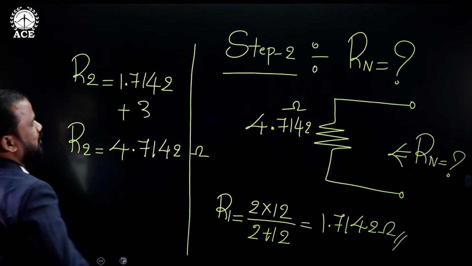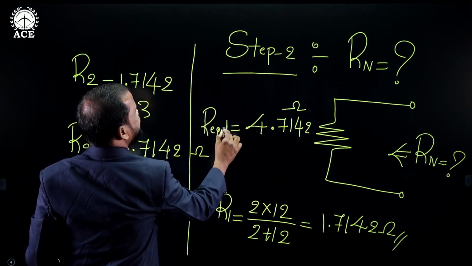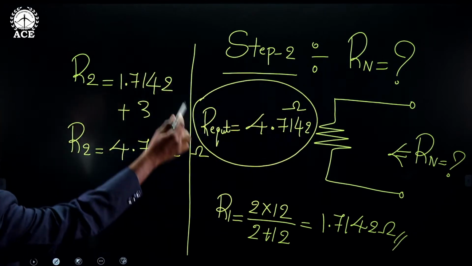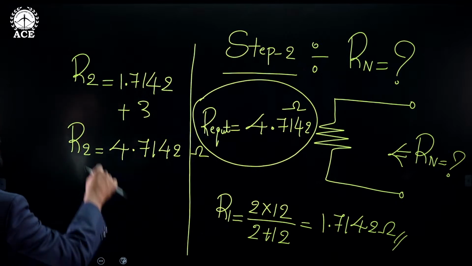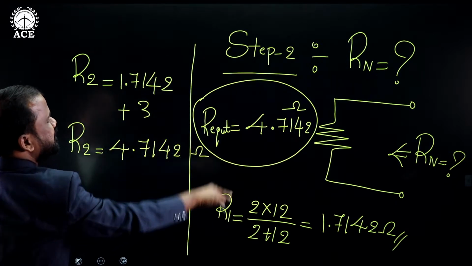This equivalent resistance is directly appearing across the terminals A and B, so this equivalent resistance is also called Norton's resistance.